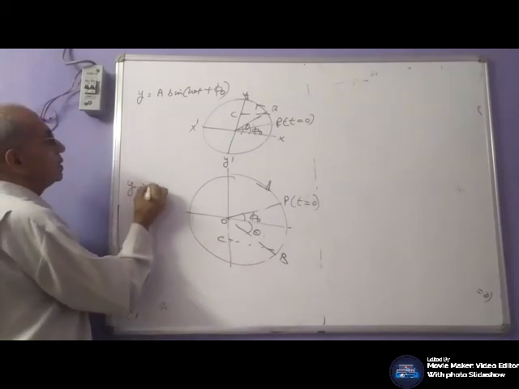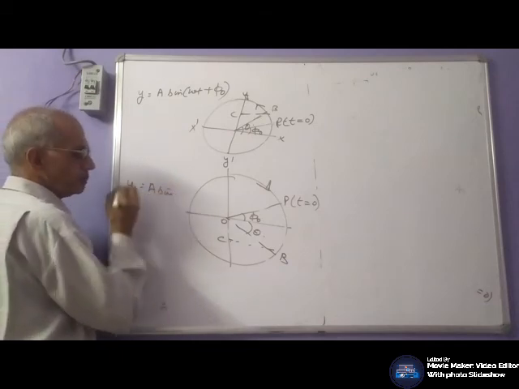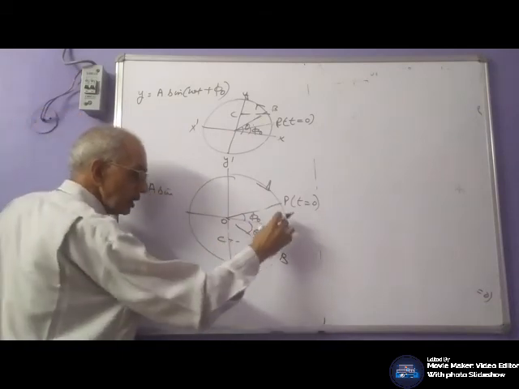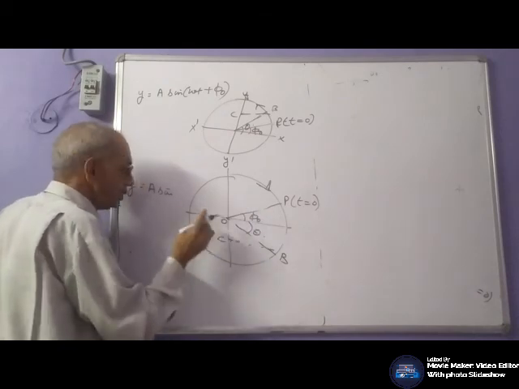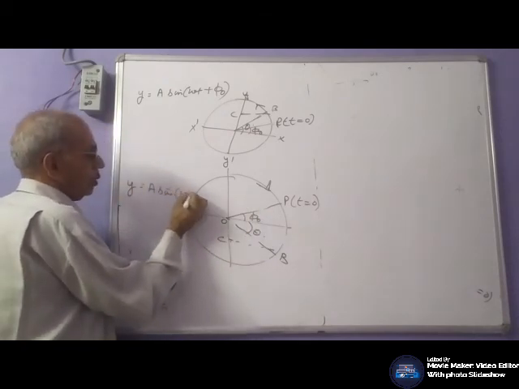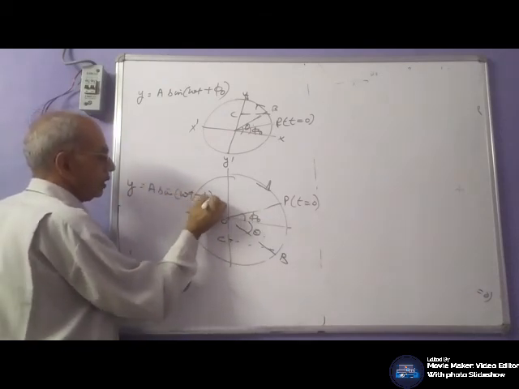Then y is A sine. अब यहाँ ये डायरेक्शन है तो ये पीछे रह गया, पीछे ओमेगा t माइनस फाई नॉट.